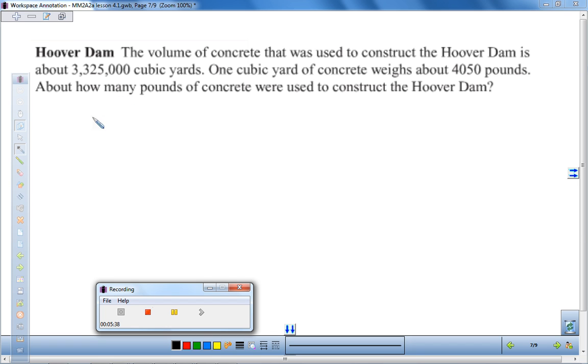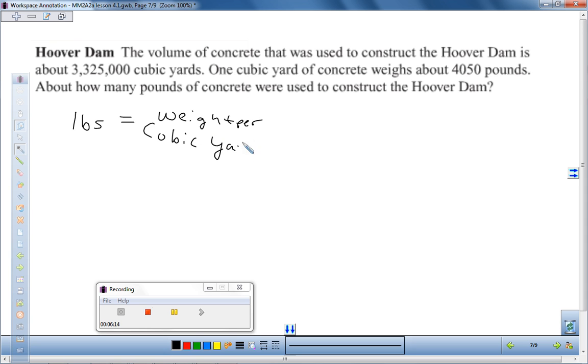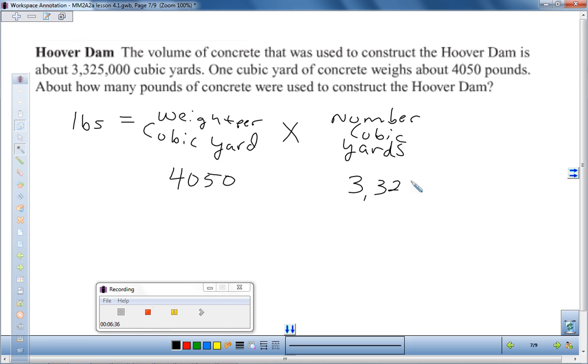So basically, to find the number of pounds, it's going to be equal to the weight per cubic yard times the number of cubic yards. So we know that each one weighs this much, and this is how much was used.